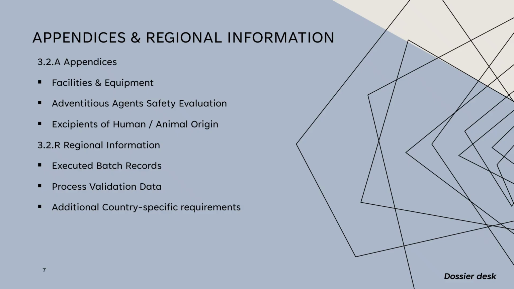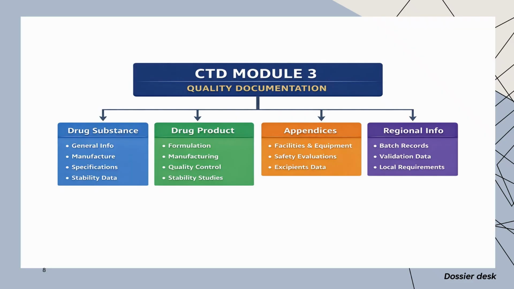These vary depending on the regulatory authority and may include executed batch records or additional validation data. As per the CTD format defined by the International Council for Harmonisation of Technical Requirements for Pharmaceuticals for Human Use, Module 3 focuses entirely on quality documentation.